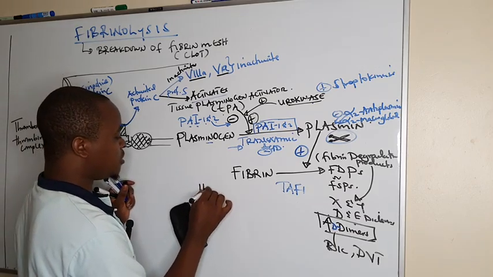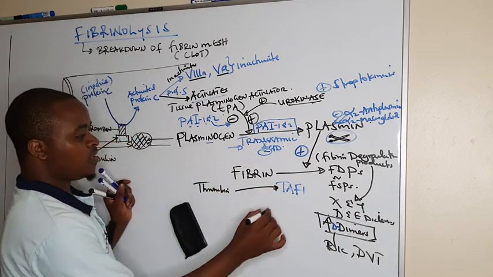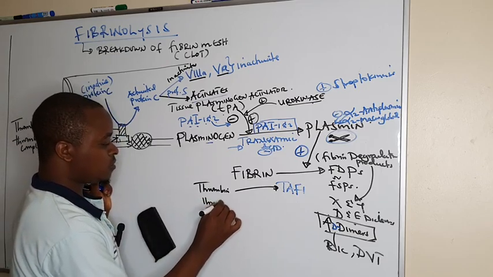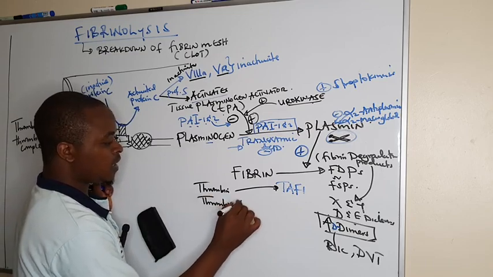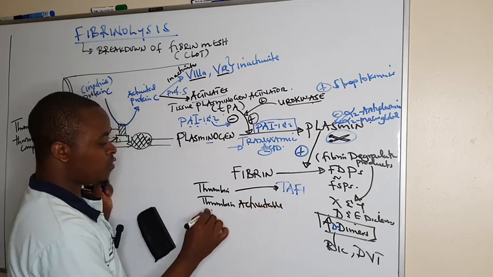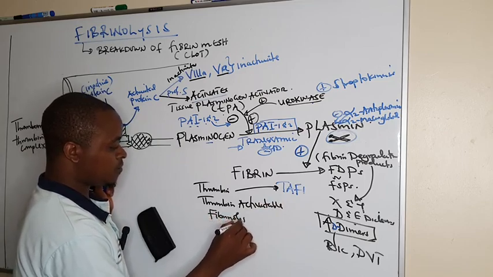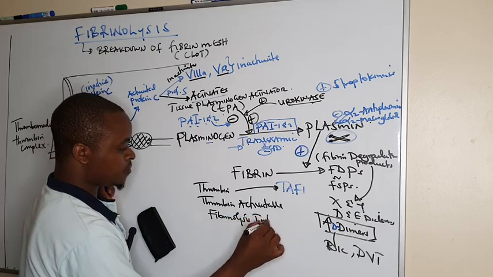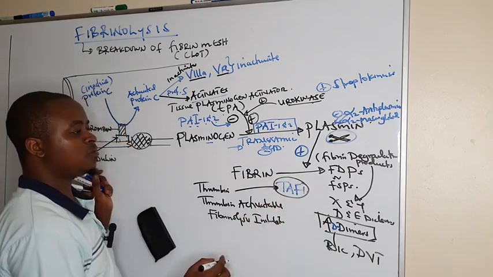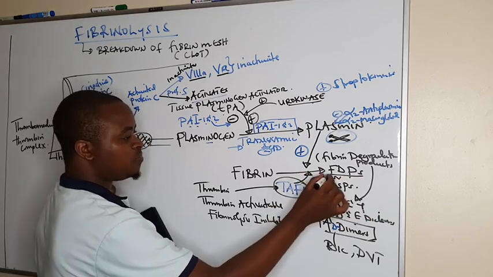If we have thrombin, thrombin is used to produce TAFI. This TAFI is responsible for inhibiting the formation of FDPs.